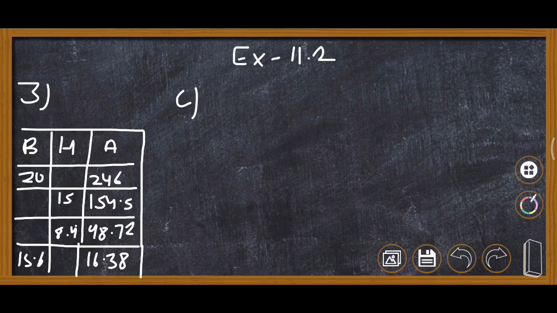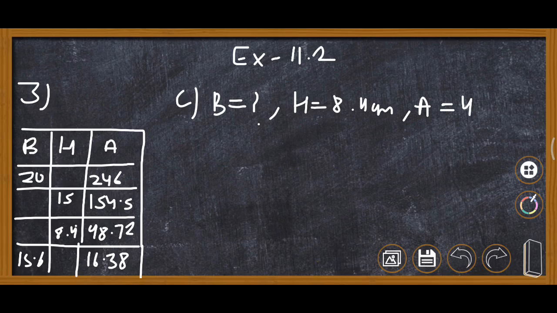Now this is the C part. Base we are required to find, this is question mark. Height 8.4 centimeter and area 48.72 centimeter square. So area is equal to base into height. Area is 48.72.